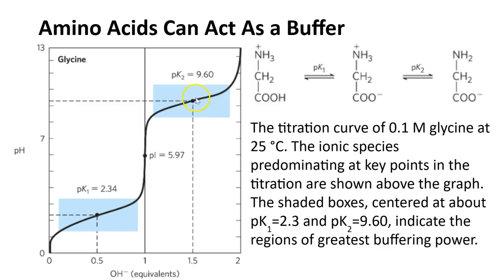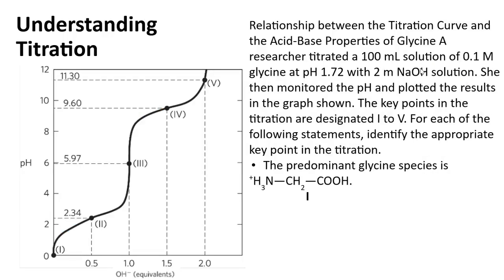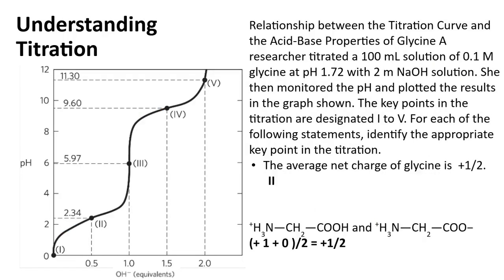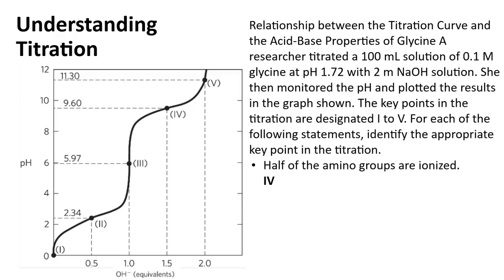But on this point right here, we have the zwitterionic form and the most deprotonated form. And so this is the ionized and this is not. And so that is why half of it is ionized, and we're at this pKa2 point. So that is how 0.4 is when half of the amino groups are ionized.